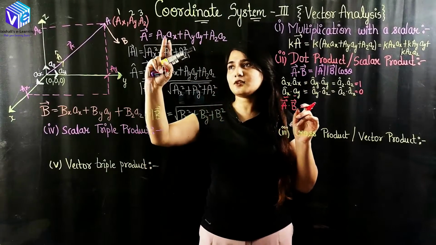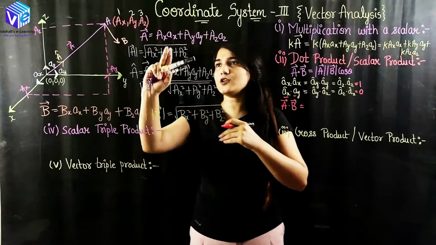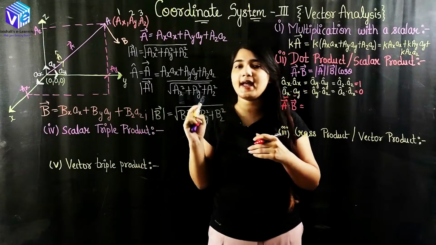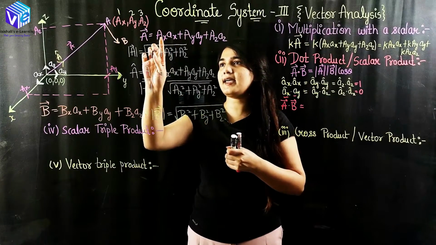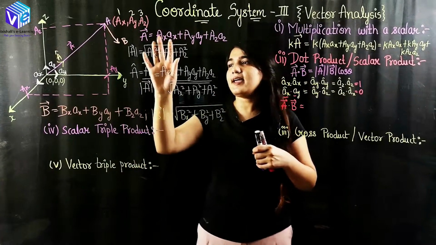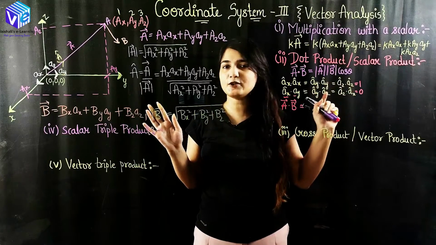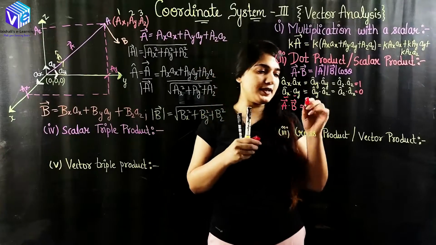Okay, so what will happen? This a will be multiplying with this b. So ax will be multiplying with bx, by and bz. Now here I have to multiply ax with bx. I know ax dot ax will be equal to 1. So now I am left with ax into bx only.